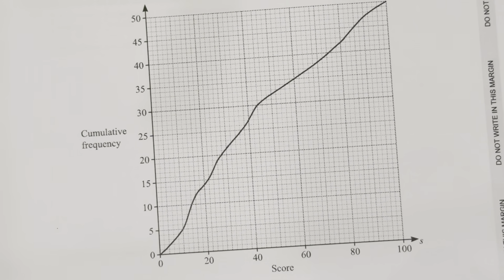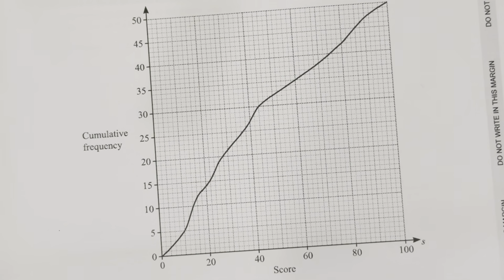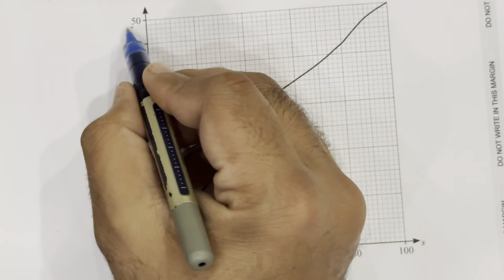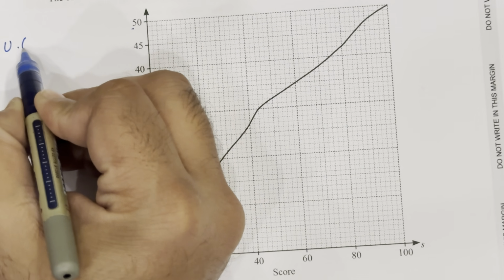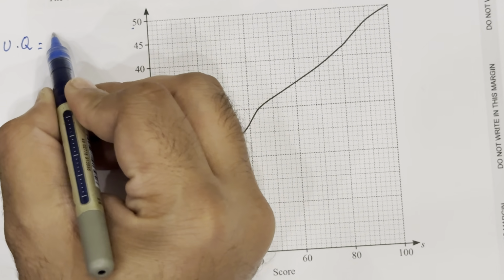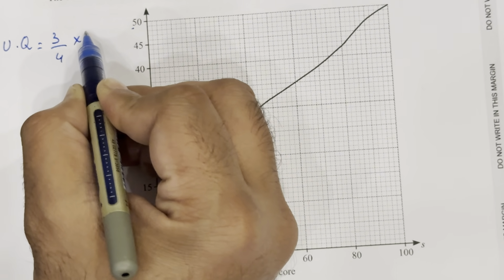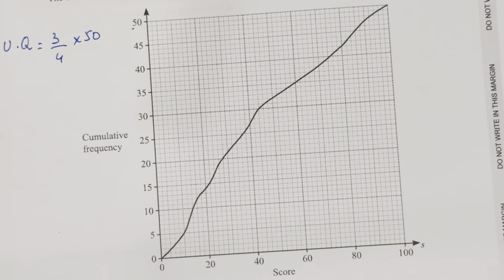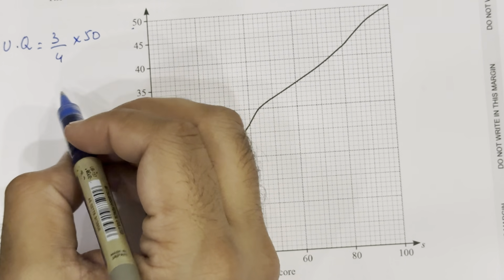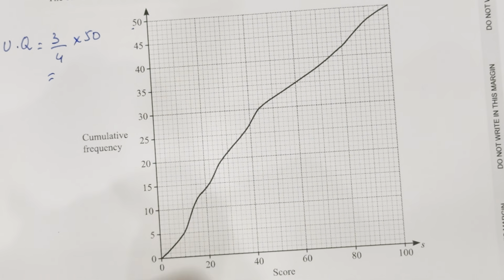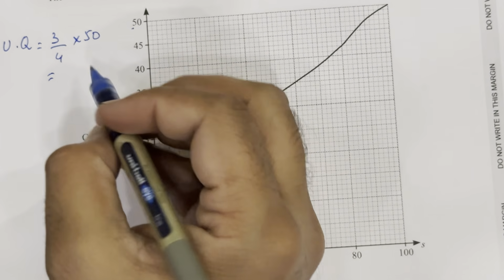First you need to identify the total cumulative frequency, that is 50. For the upper quartile, the formula is 3 by 4 multiplied by the total frequency, so it would be 3 by 4 into 50.